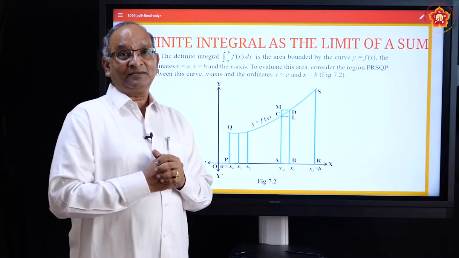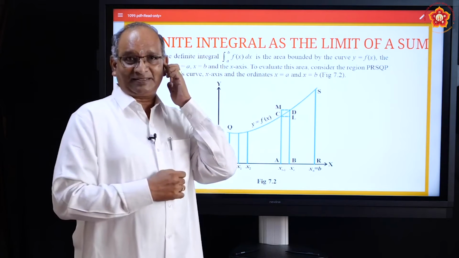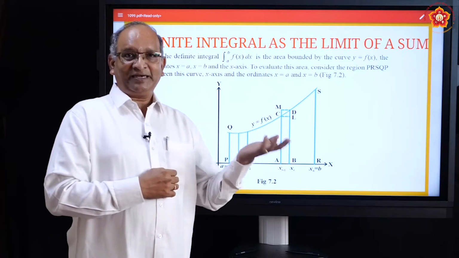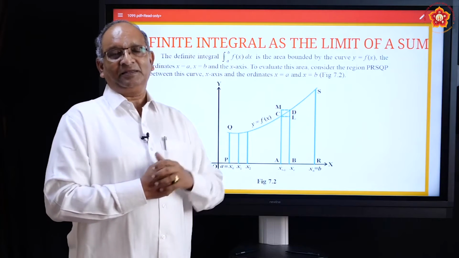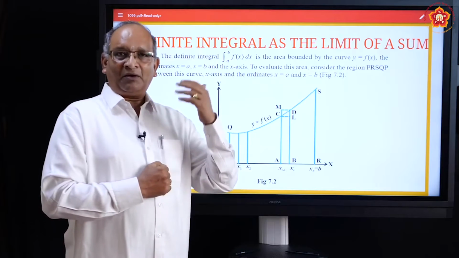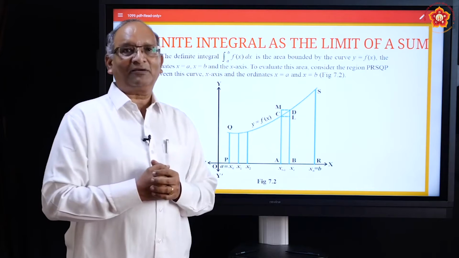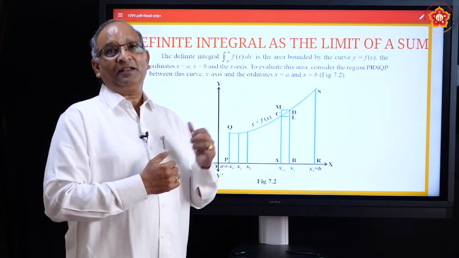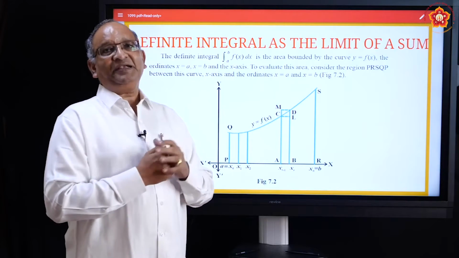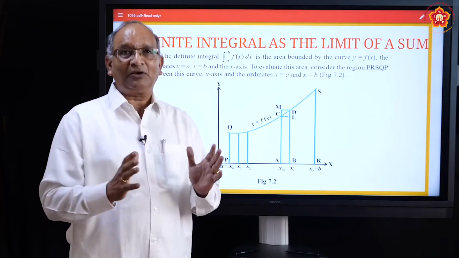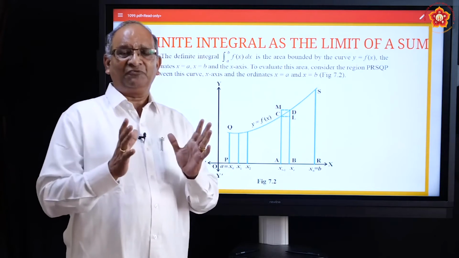Now you may ask, sir, we learned so many formulae to calculate area right from our school days. In mensuration, we have studied how to calculate the area of a triangle, a circle, a quadrilateral, and so many figures. Then why are we learning area again here? Because this definite integral helps us to calculate areas of indefinite figures, meaning figures which you cannot name.